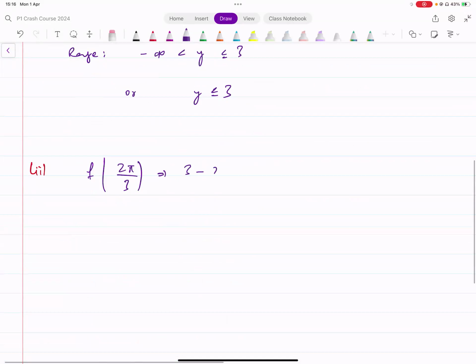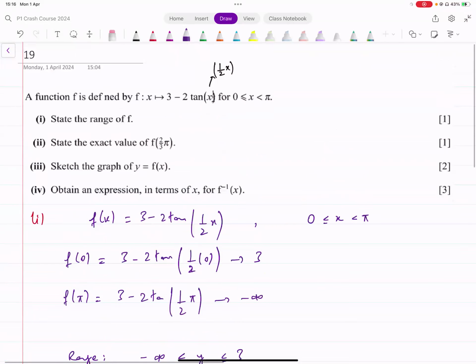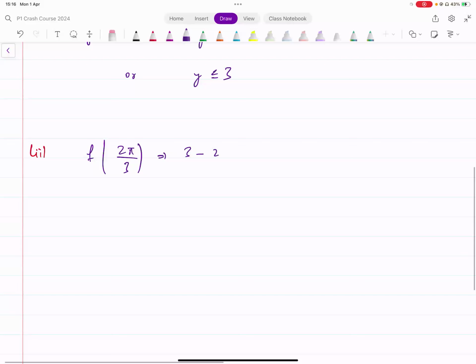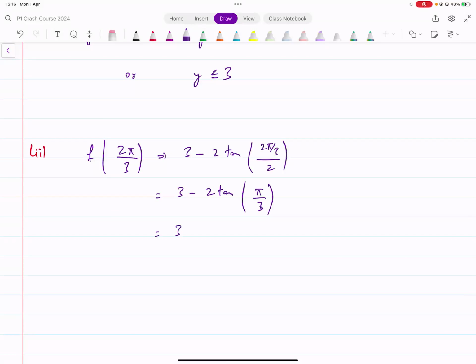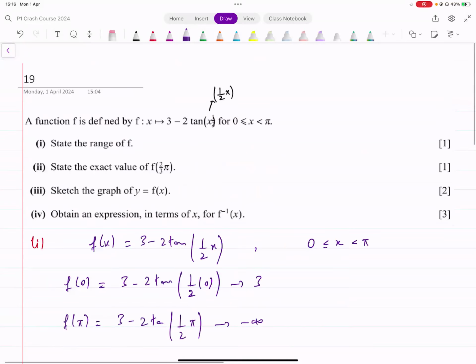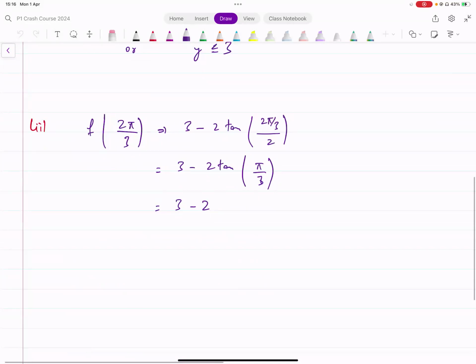3 minus 2 into tan of x over 2. So you can say 2 pi over 3 divided by 2. Now that gives you 3 minus 2 into tan of 2 pi over 6, or you can say pi over 3. I'll just evaluate pi over 3 on your calculator and see what that gives you. 3 minus 2 into tan of pi over 3.